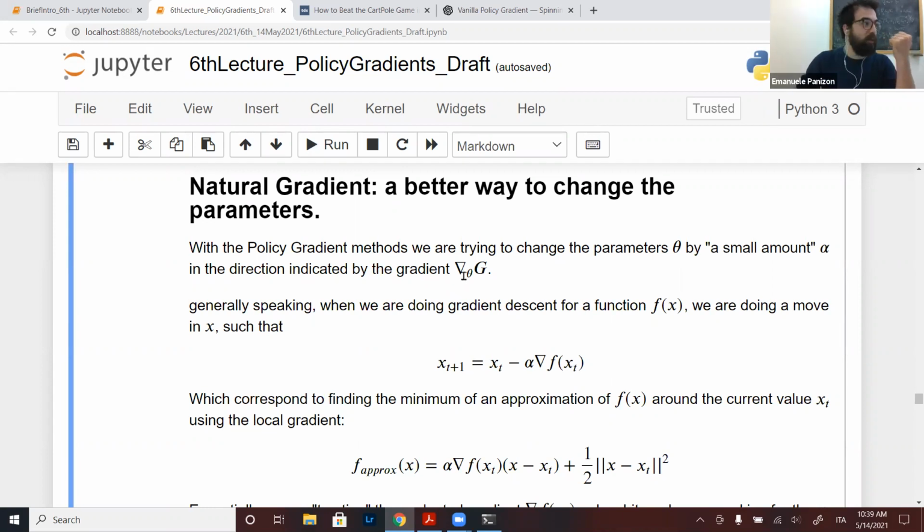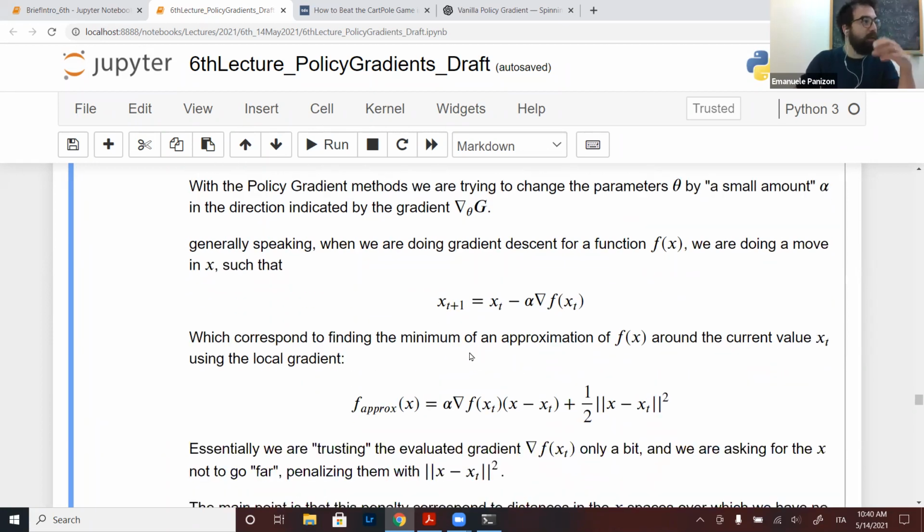What do we mean by a small amount? We mean that, in general, when we have a function and we're trying to change the variable x such that the new update is the old one minus or plus some term of a gradient, we are doing a minimization not on the true function f, but on a local approximation, which uses the only thing that we know.